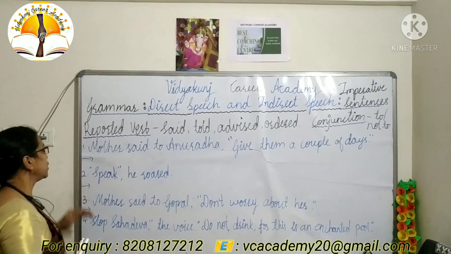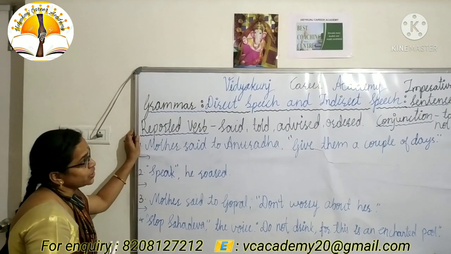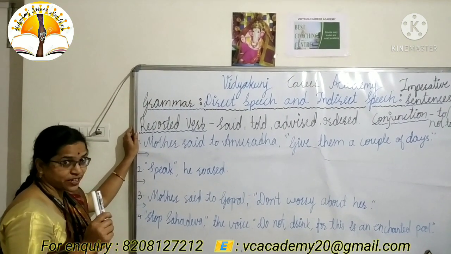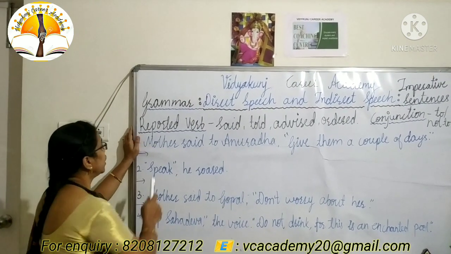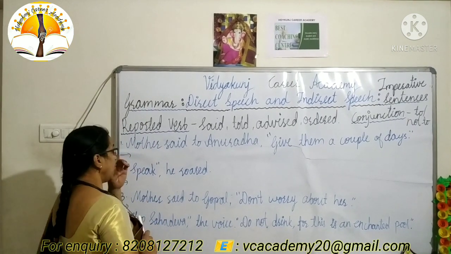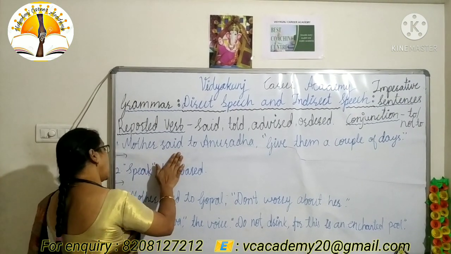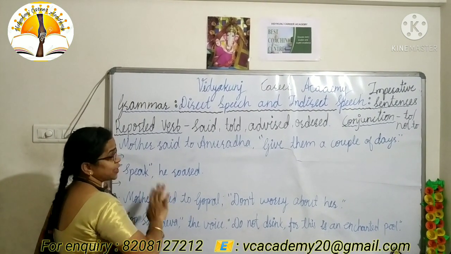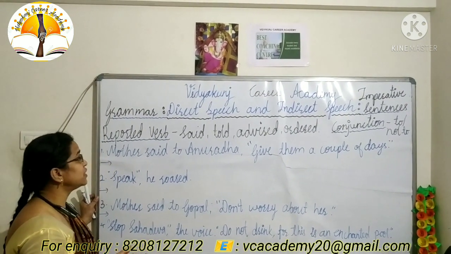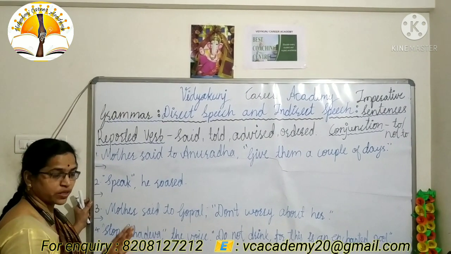Now I want to talk regarding the reported verb. When you are changing direct speech into indirect speech, you have to see the reported speech and in the reported verb how they are giving the answer, how they are talking. On that you have to decide, as per emotion words, according to the adverb.